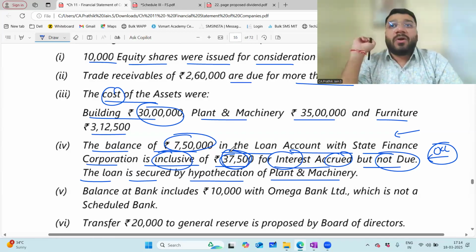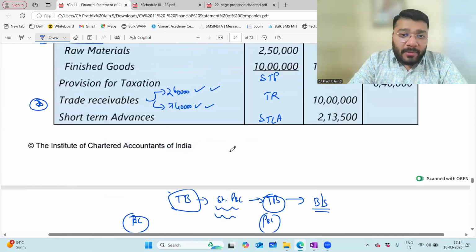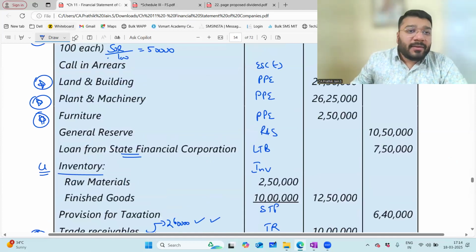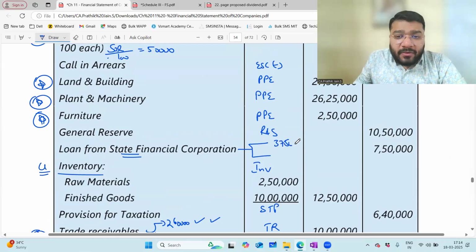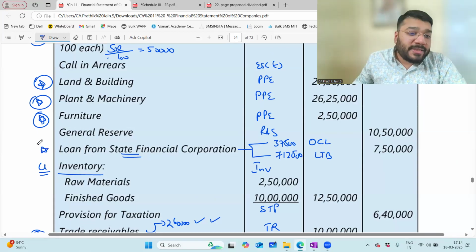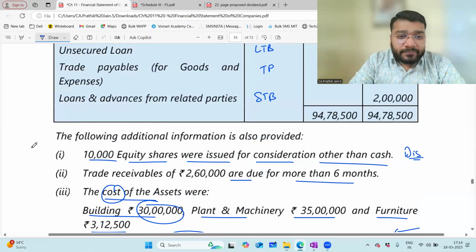So 37,500 goes to other current liability. Remaining is 7 lakh 12,500, which goes to your long-term borrowing. So there is an adjustment for this also.